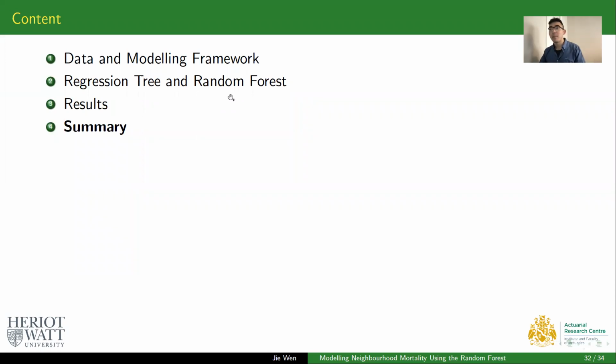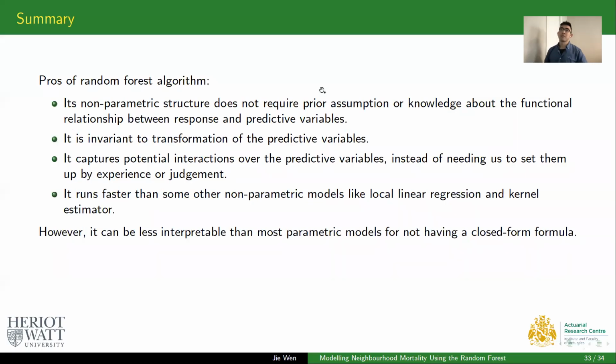Okay, reaching the end of the webinar today, let's look at a summary of what we have discussed. For the random forest algorithm, there are several advantages if we use it to make predictions or estimations. First of all, it is a non-parametric model, so it doesn't require much prior assumption or knowledge about the functional relationship between the response and the predictor variables.